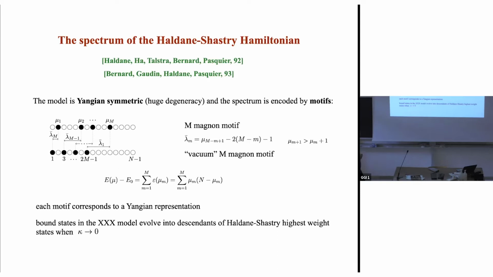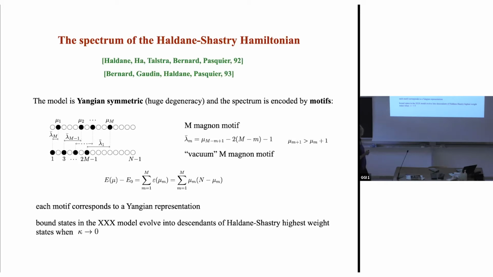So if they were fermions, you could occupy any of the orbitals only once without restriction. Here you can only pack them two sites apart. And this is a kind of exclusion statistics. It's a generalization of fermionic statistics to a more general exclusion statistics.